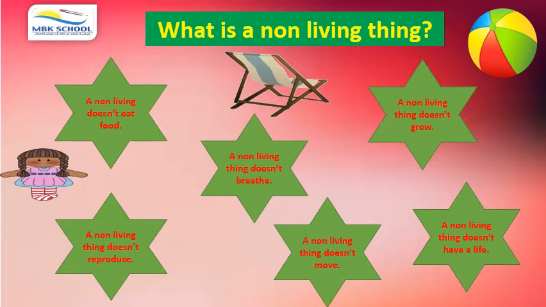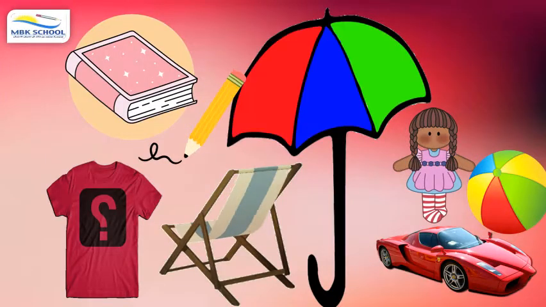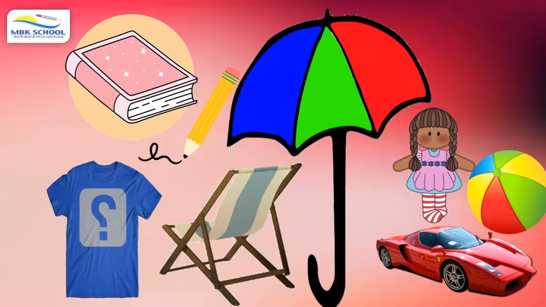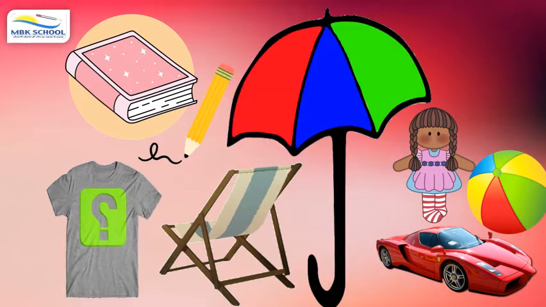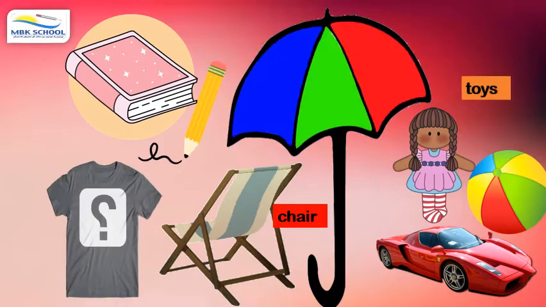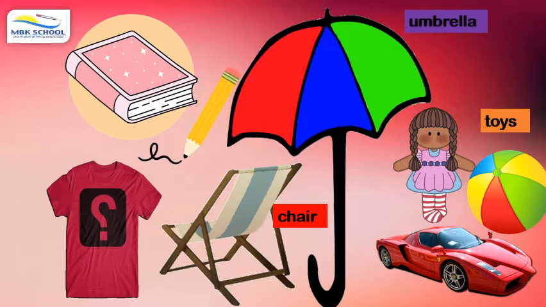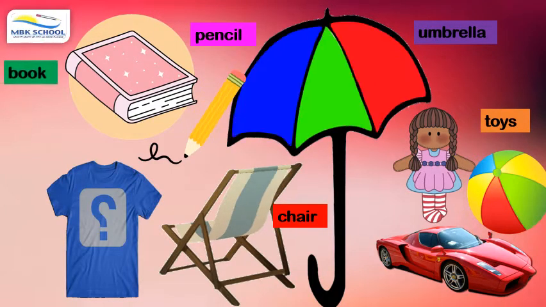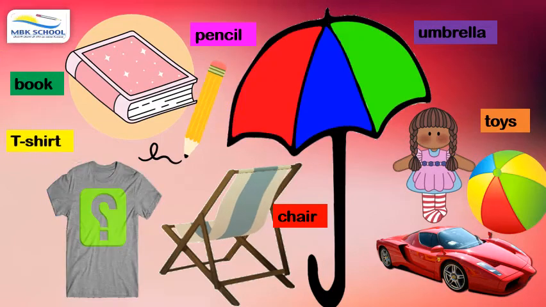Now do you have an idea? Okay, now let's find out. Alright, so these are the examples of non-living things. We have the chair, toys, umbrella, pencil, book, t-shirt.